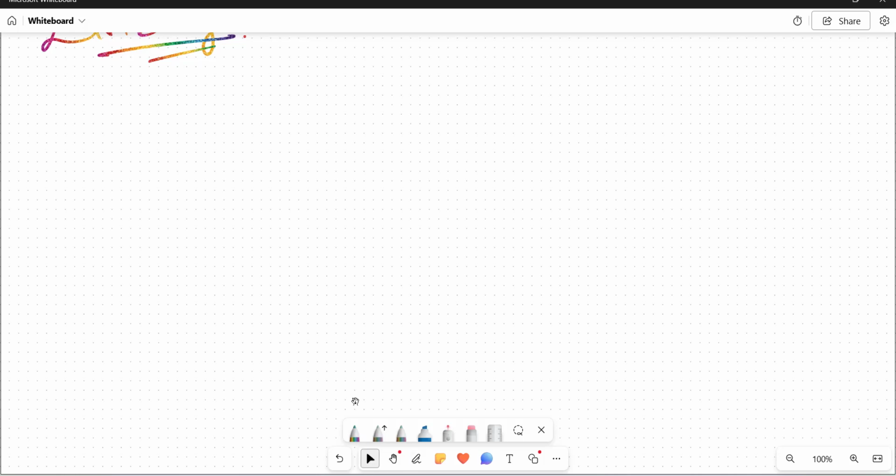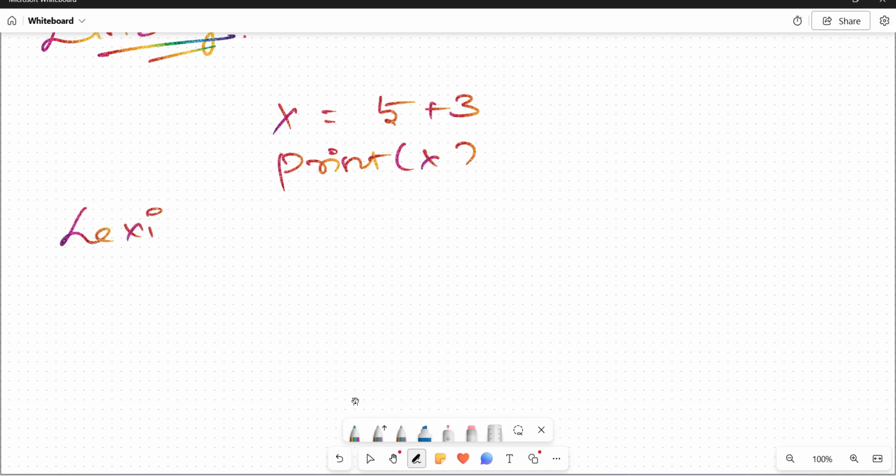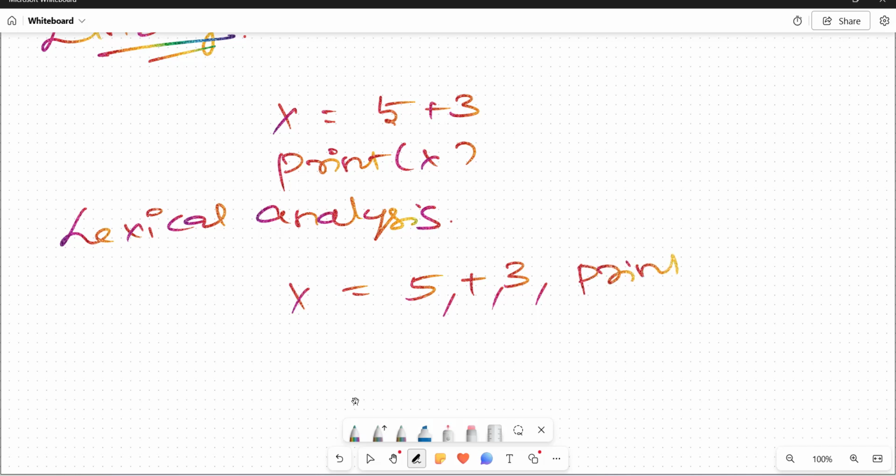Let's take a Python example. The same Python statements: x equal to 5 plus 3 and print x. Here also the first step is lexical analysis, as we have seen with respect to the compiler. Just like a compiler, it breaks the code into tokens. Like here we have x, equal to, 5, plus, 3, and print, bracket, x, bracket.